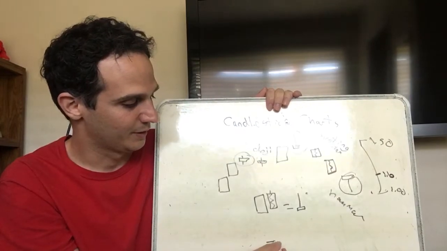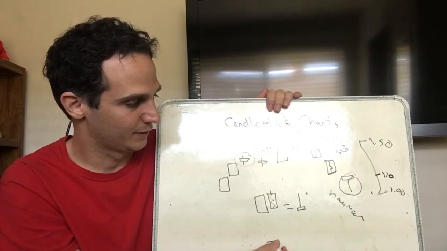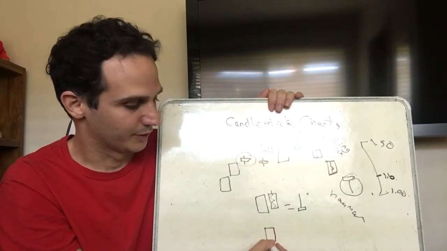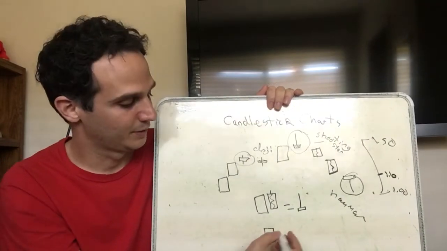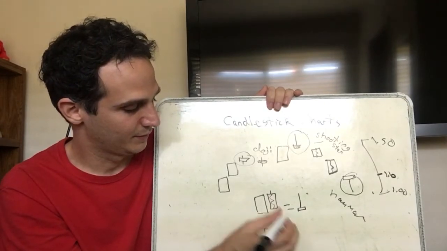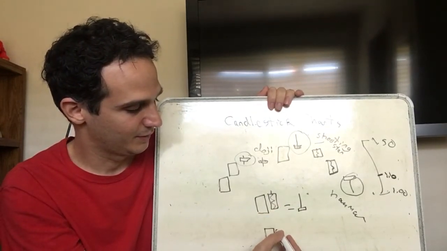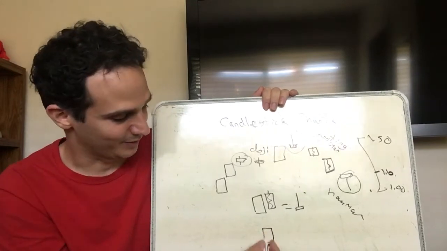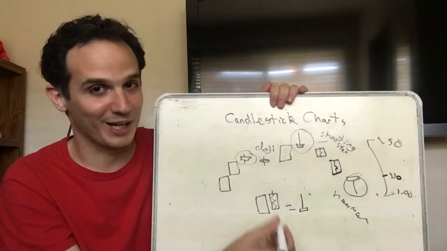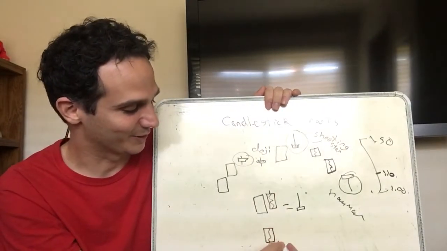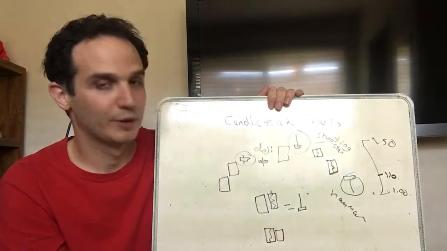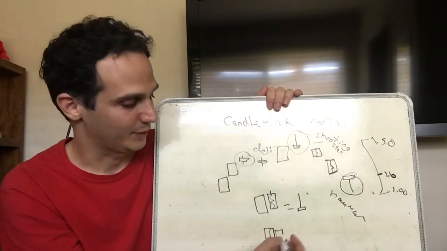So let's say if you have a green candle, okay, let's say this is a red candle if it's the opposite, and then you have a green candle like that.